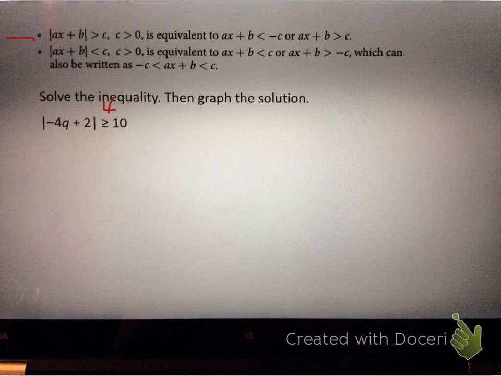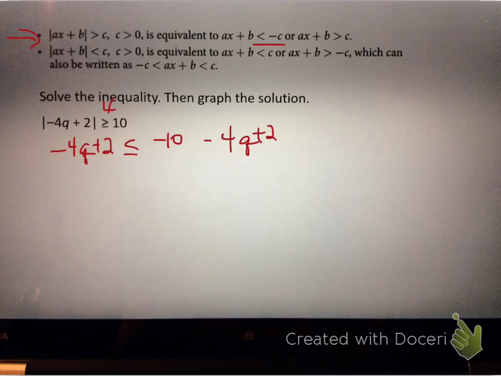So that falls under this rule here, and I'm going to do my rewrite. So that means the negative 4q plus 2 will be less than or equal to the negative, and we must include our equal, so that would be negative 10, or the inside, the negative 4q plus 2, will be greater than or equal to the constant of 10. We can then proceed to solve these.